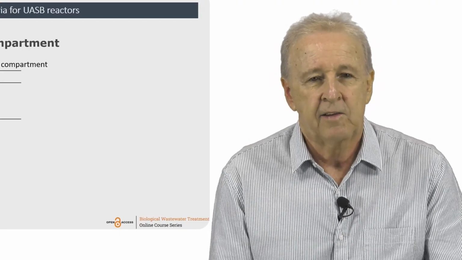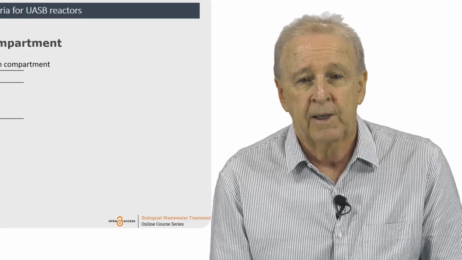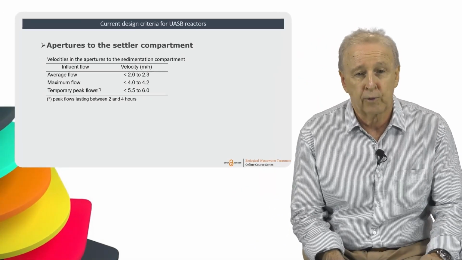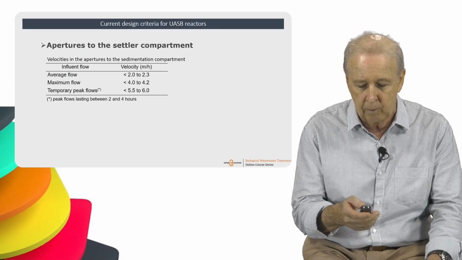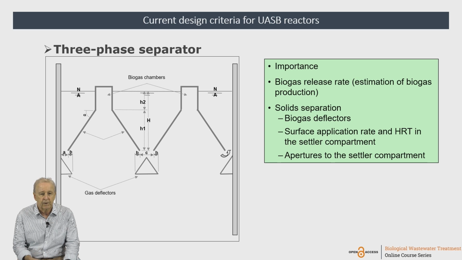And in this slide, we see the guidelines for the velocities through the apertures of the settler compartment. Going back again to the picture, we're talking about the velocity here, the velocity through the apertures here. So we should determine the width, the length.